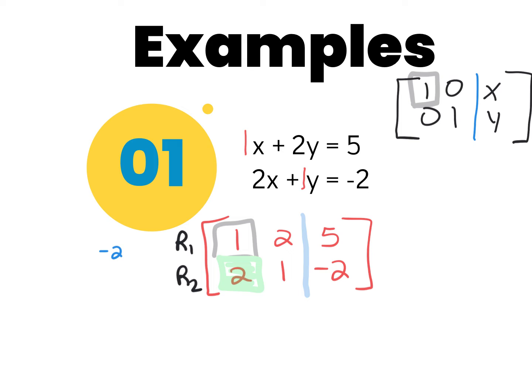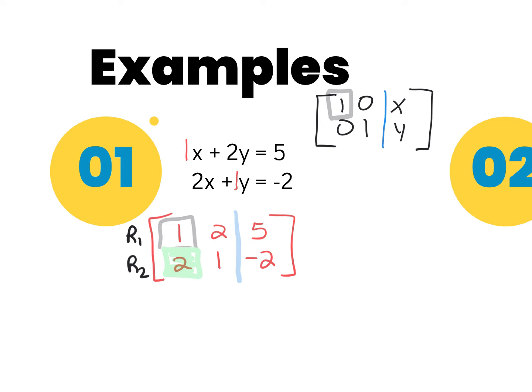Maybe I'll show the work over to the side here. Let me do that so I have more room. So I'm going to multiply row 1 by -2, and then add row 2, and this is going to give me my new row 2. Once I distribute a -2 to row 1, I end up with -2, -4, -10.